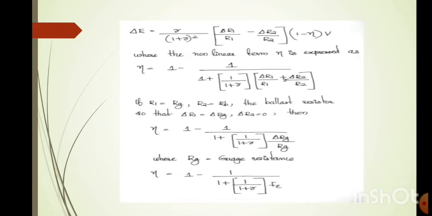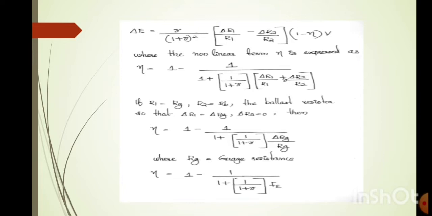Eta is the non-linear term. If R1 is equal to Rg, which means resistance 1 is equal to the gauge resistance Rg, and R2 is equal to Rb, the ballast resistance Rb, so that delta R1 equals delta Rg and delta R2 is equal to 0.